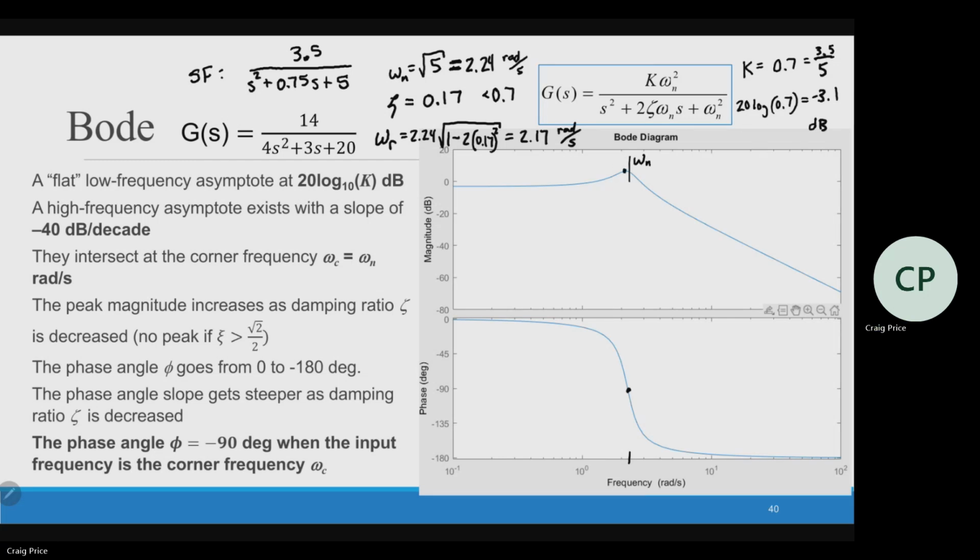However, the peak right here is at the resonant frequency, so it's a little bit to the left. The more damping we would have, this would come down, but it would also shift to the left. So the resonant frequency would be a little bit more different than the natural frequency. But at this point, this is where the phase hits the halfway point.